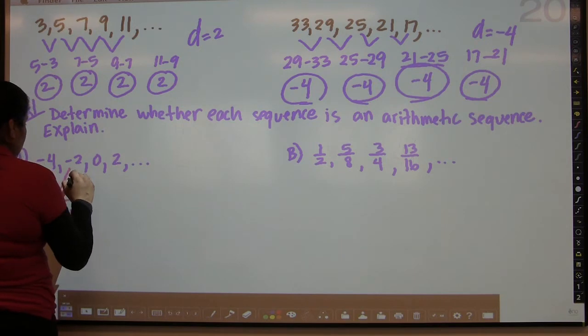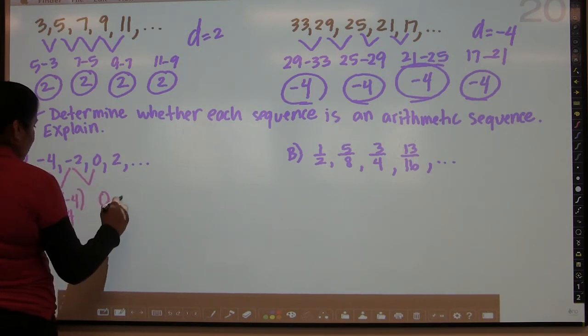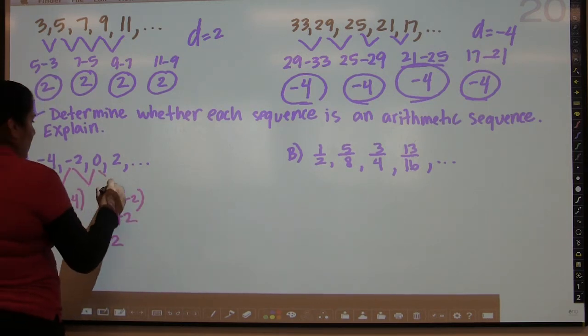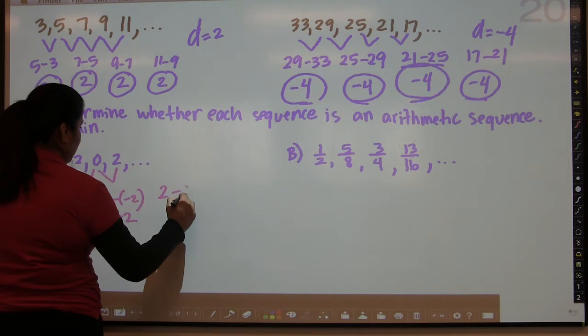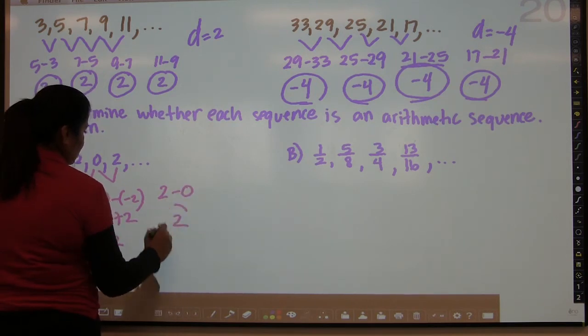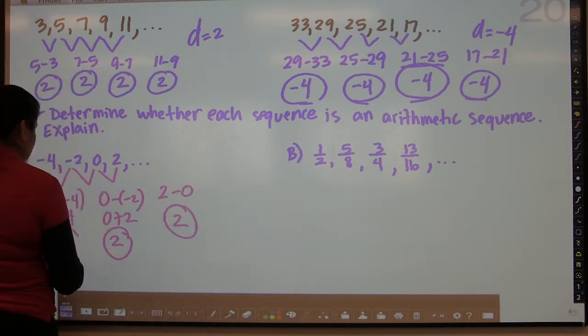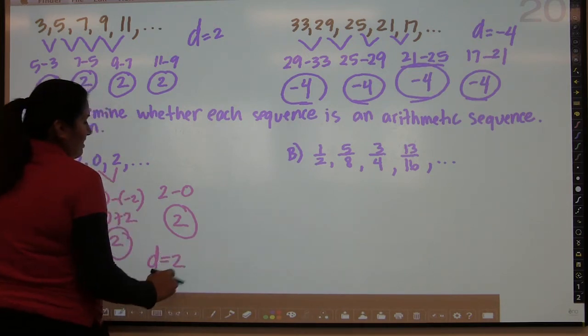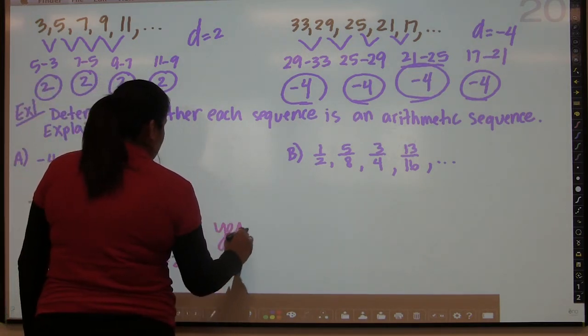In the second numbers, I'm going to say 0 minus negative 2, and again that becomes a plus 2, and once again I have 2. And in my last set of numbers, I'm going to go 2 minus 0, which is just 2, and since they all have the same common difference, which is 2, this is a yes, it is arithmetic.